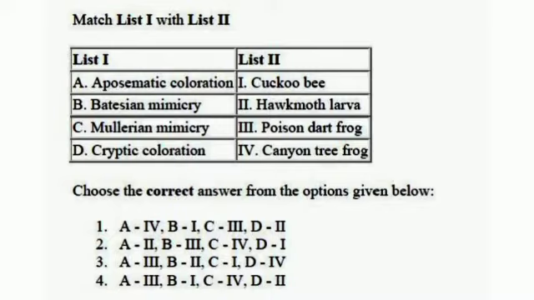And from the options given below, the right one is option 3. That is aposematic coloration, poison dart frog; Batesian mimicry, hawk moth larva; Mullerian mimicry, cuckoo bee; cryptic coloration, canyon tree frog.